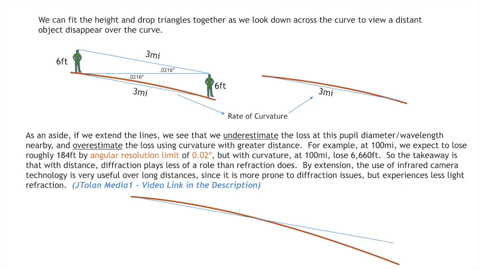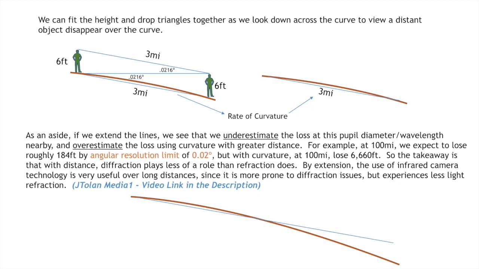And the second one is the loss of information that person would be granted across that 3-mile distance. And you can then use those triangles together to get your rate of curvature for a 6-foot person observing someone go over the curve. So as an aside, if we extend the lines, you can see that we underestimate the loss at this pupil diameter and wavelength nearby and overestimate the loss using curvature with greater distance.